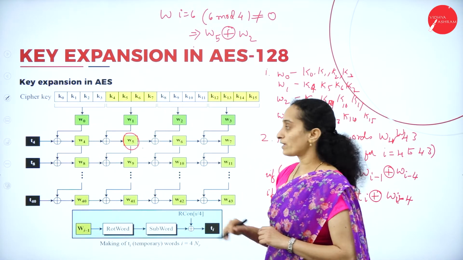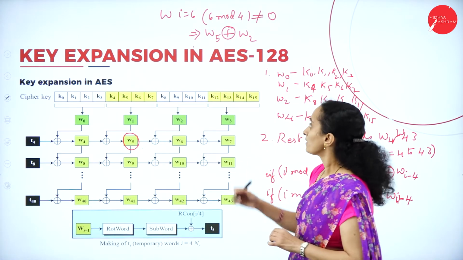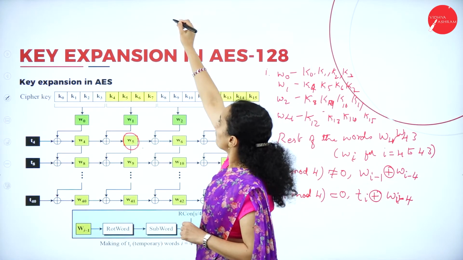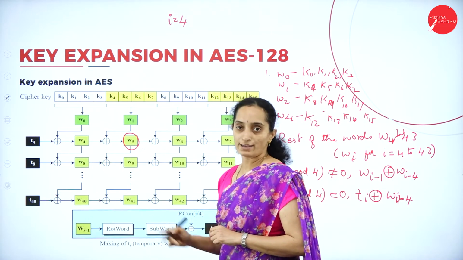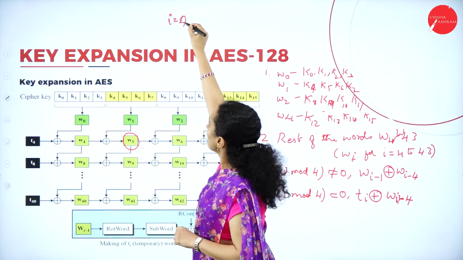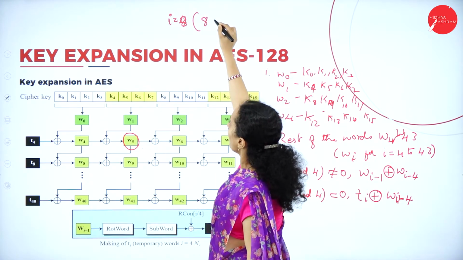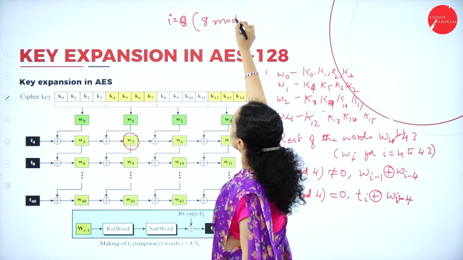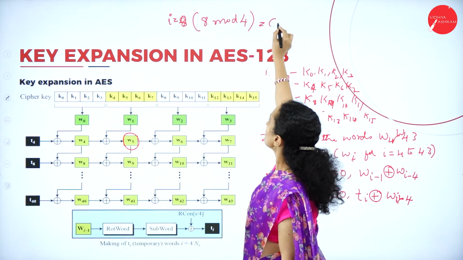neighboring word. Okay. What about the first word? The same procedure is followed. If I take I equals 4, Wi4, or if you take I8. Now what we have to make is 8 mod 4. 8 mod 4 is equal to 0.